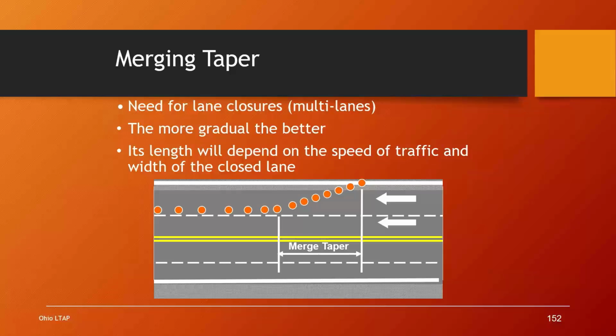We don't want to install too short of a taper. It needs to be a minimum length for that speed, and also we can calculate the minimum number of channelizing devices to place in there. The motorist needs to recognize that as a lane closure, not just from the signs, but from the taper itself. That's a reason why we invented these tables, to help us figure all of this out.